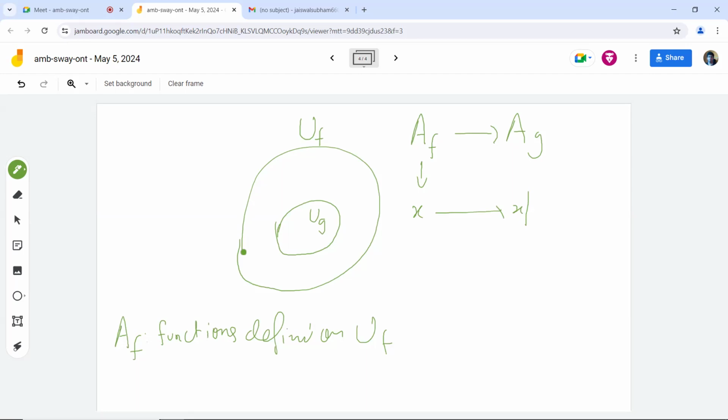And now, what is more rational for thinking of elements of AF as functions defined on UF, without becoming too concrete, because then it would not be useful? So let's try.